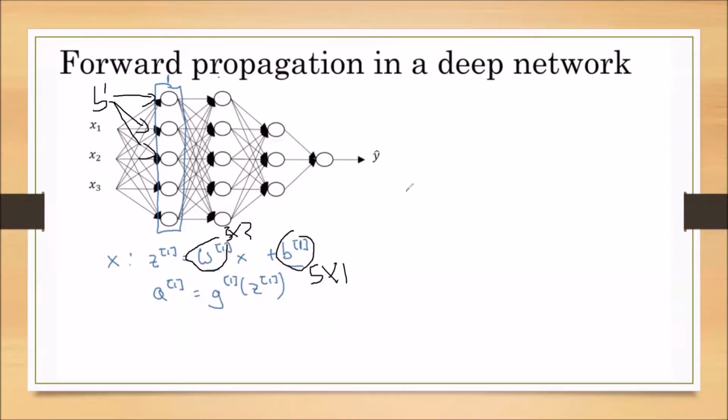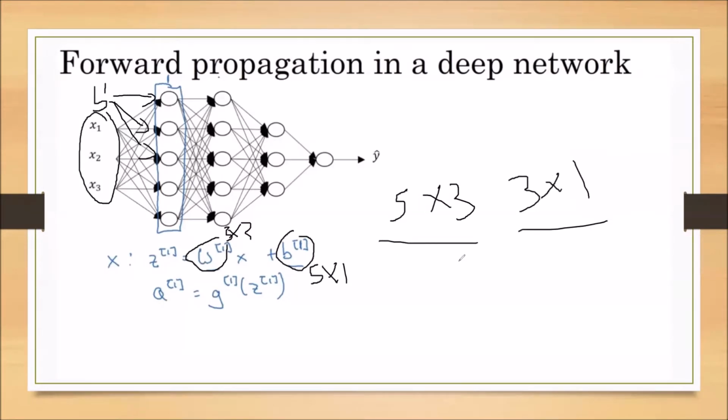X is the input features for one training sample. There are 3 features, so taking 3 rows, it is a 3 by 1 matrix. Multiplying these two matrices, the resultant is a 5 by 1 matrix. So W into X is a 5 by 1 matrix.